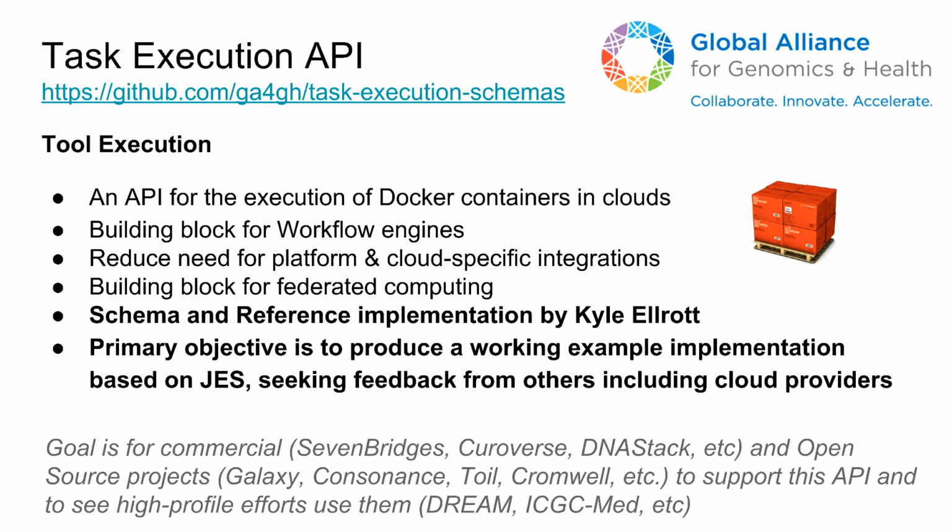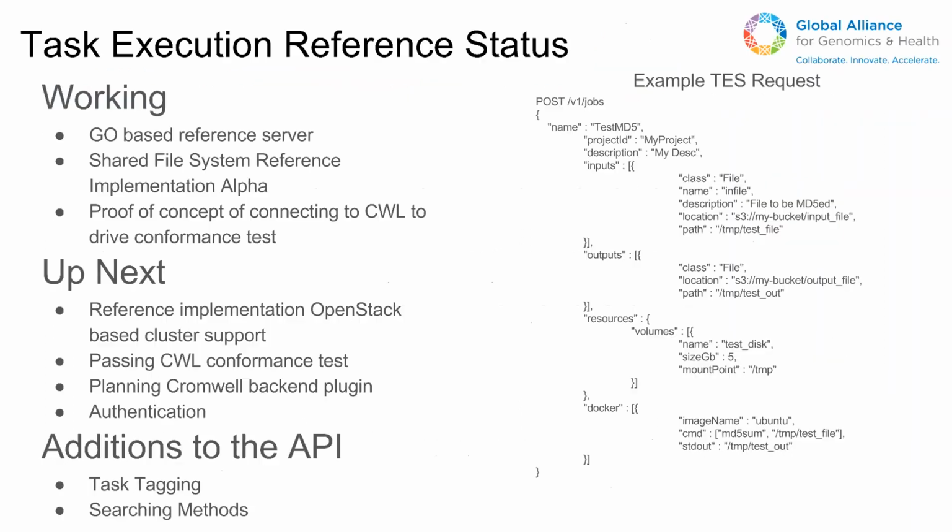So right now we do have a Go-based reference server. It's working on a shared file system. It's considered an alpha, and right now Kyle has a sort of proof of concept that links the CWL execution engine to the task API.